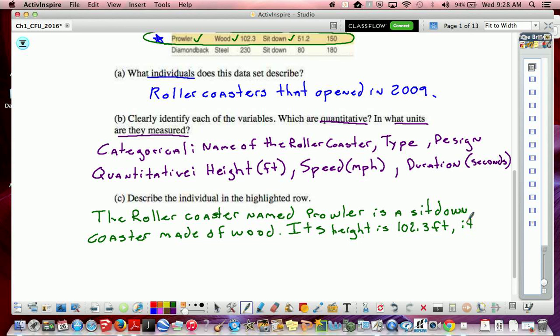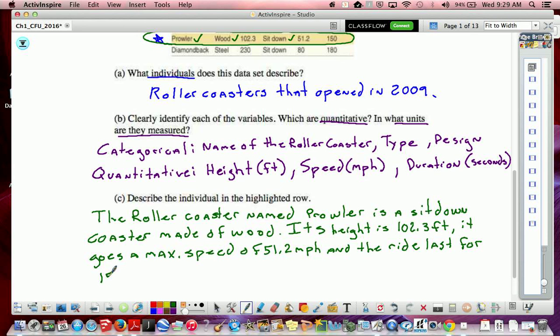It goes a max speed of 51.2 miles per hour, and the ride lasts for 150 seconds. Okay, that ends the CFU for chapter 1.1.